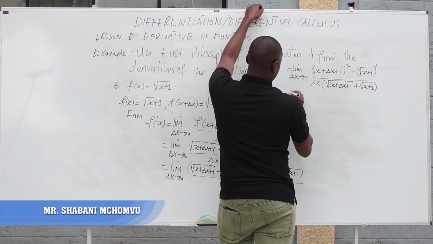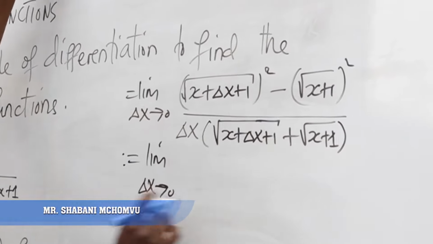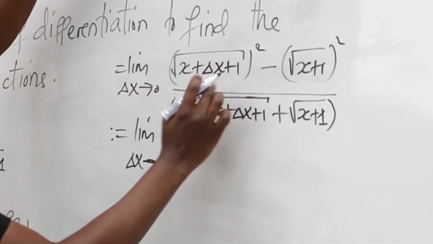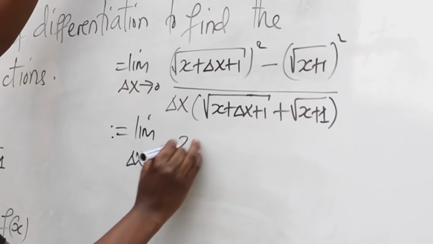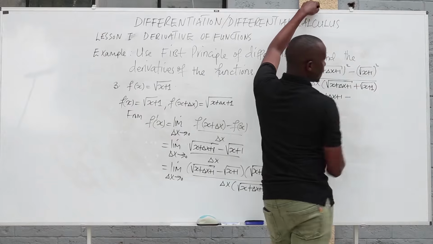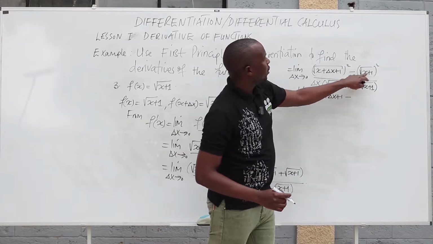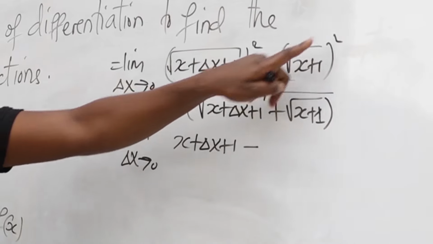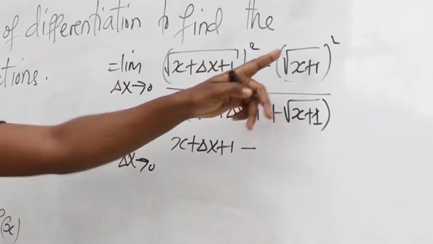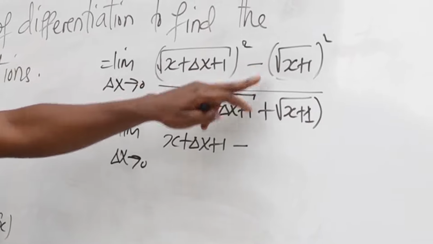Then again it becomes limit as change in x approaches 0. The square cancels out with the index when you express it in exponential form, so the exponent will cancel out. Remember, when you cancel this index and that exponent, the expression inside, we need to introduce a bracket so we can apply this negative sign properly.